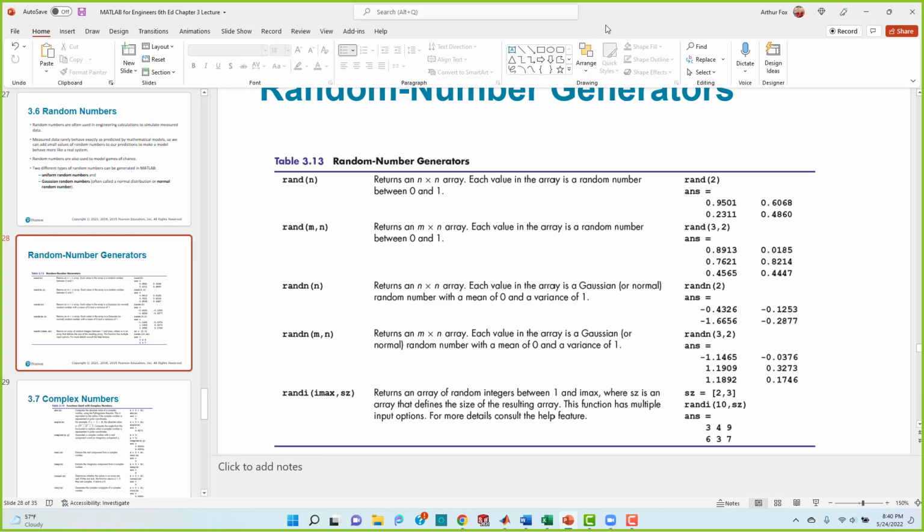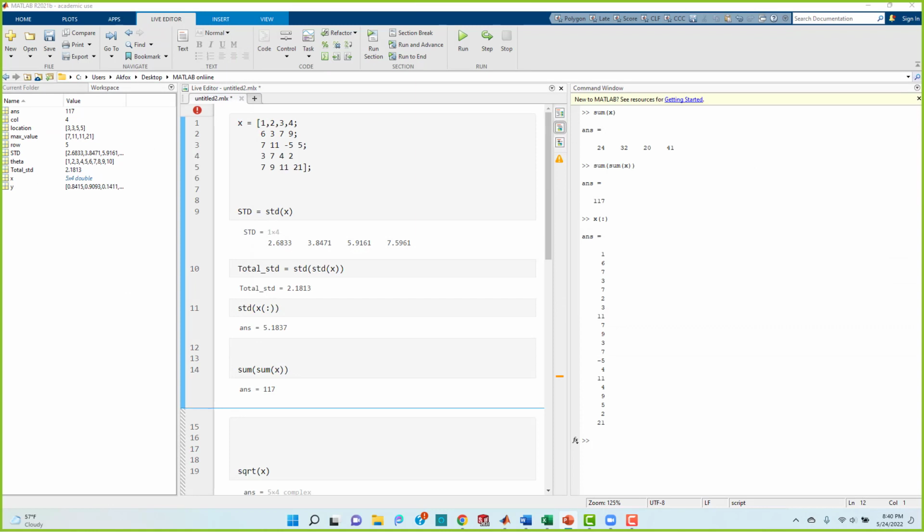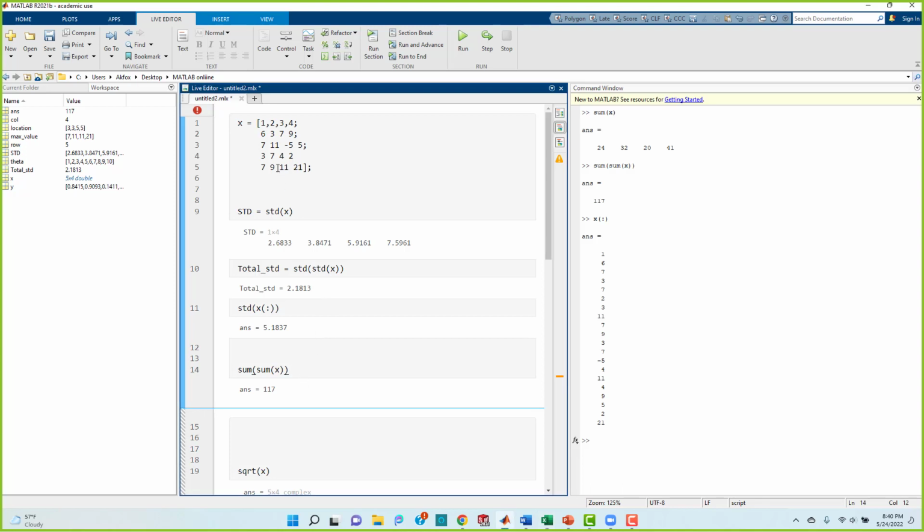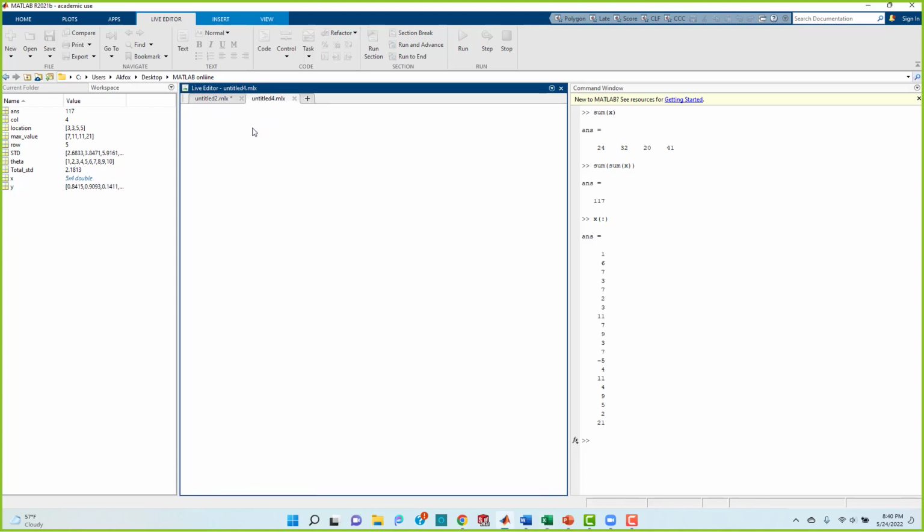So if you're looking for a specific range of numbers, rand gives you a uniform set of random numbers between the value of 0 and 1.